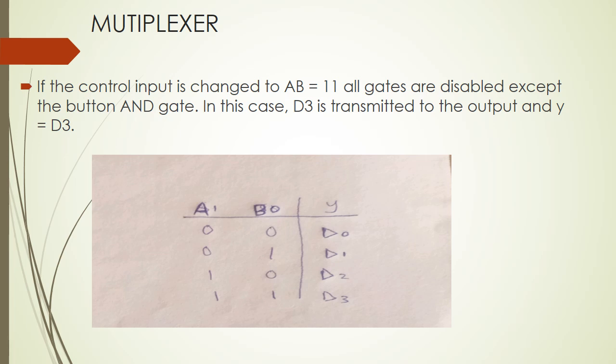So all gates are disabled except the bottom AND gate. In this case, D3 is transmitted to the output, and Y is equal to D3. So looking at this table, where is 1, 1 located? Since it is located at the last, which input represents it? It is D3. Automatically, our output is D3.